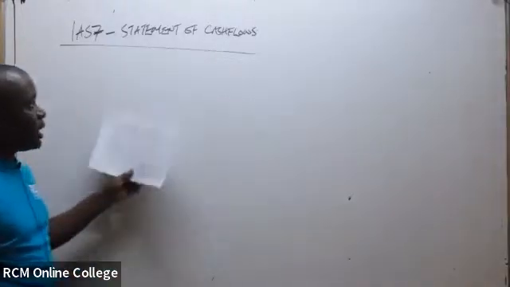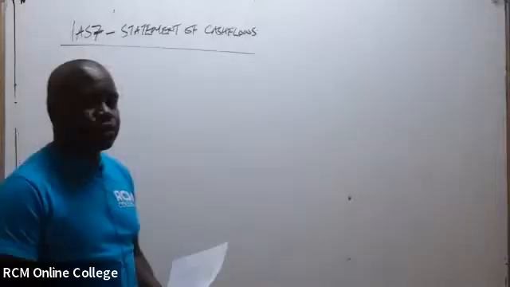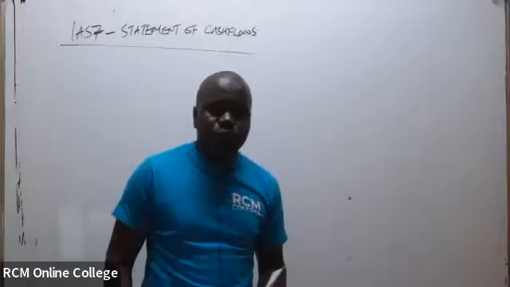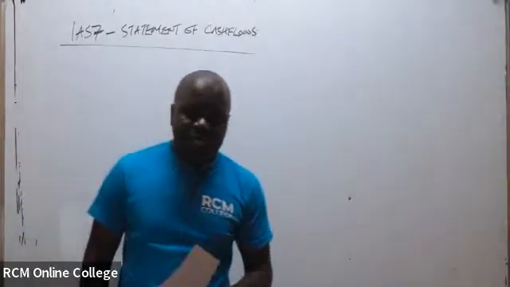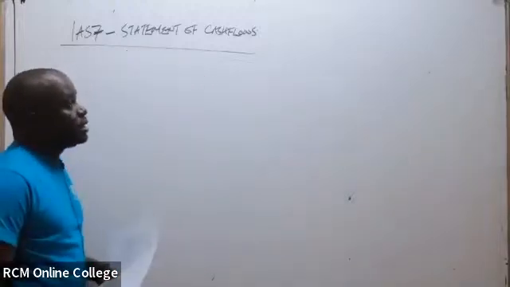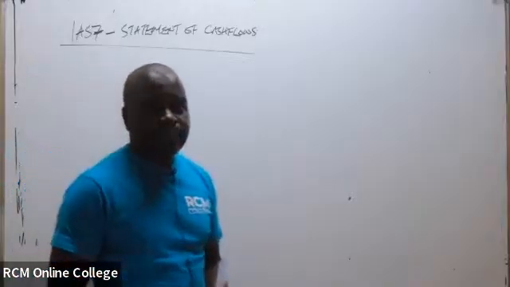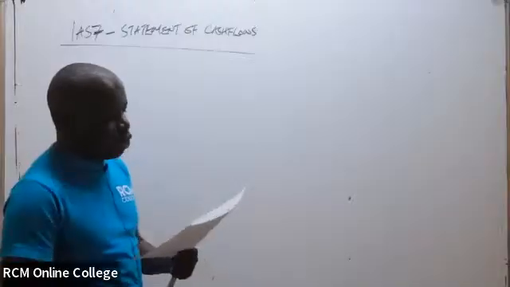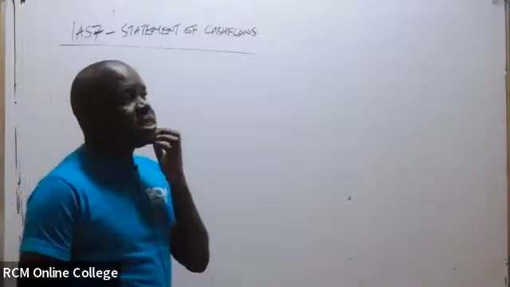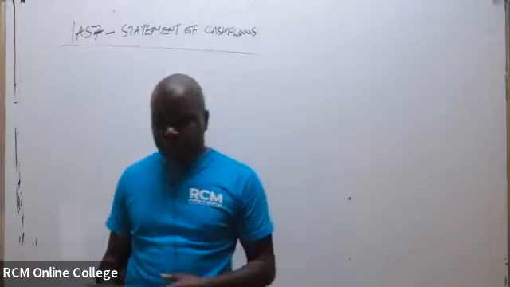So ideally, what you're going to look at here is how to prepare a statement of cash flows. And of course, there are two methods by which this statement is normally prepared: the direct method, and the indirect method. You can write this down: statement of cash flows.